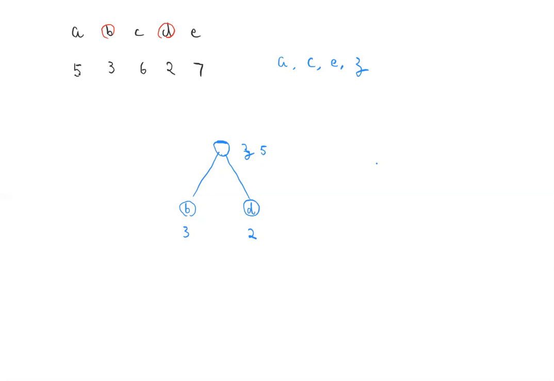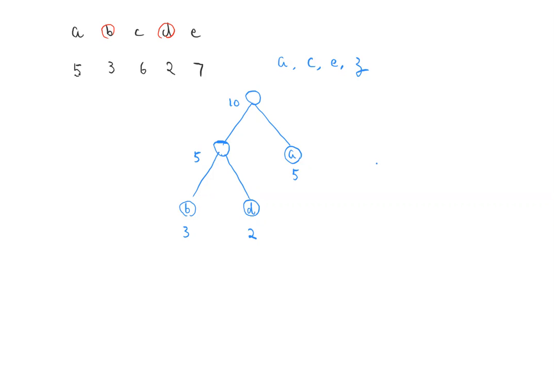So the new character will be merged with A, and the actual name does not matter. The new character here has frequency 10. Now only 3 characters left: this one with 10, and C and E.